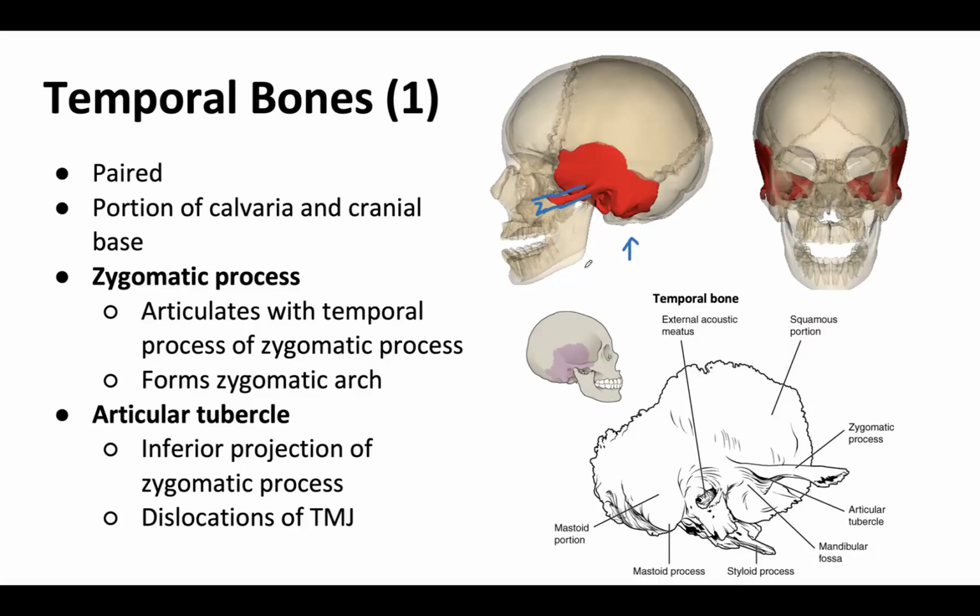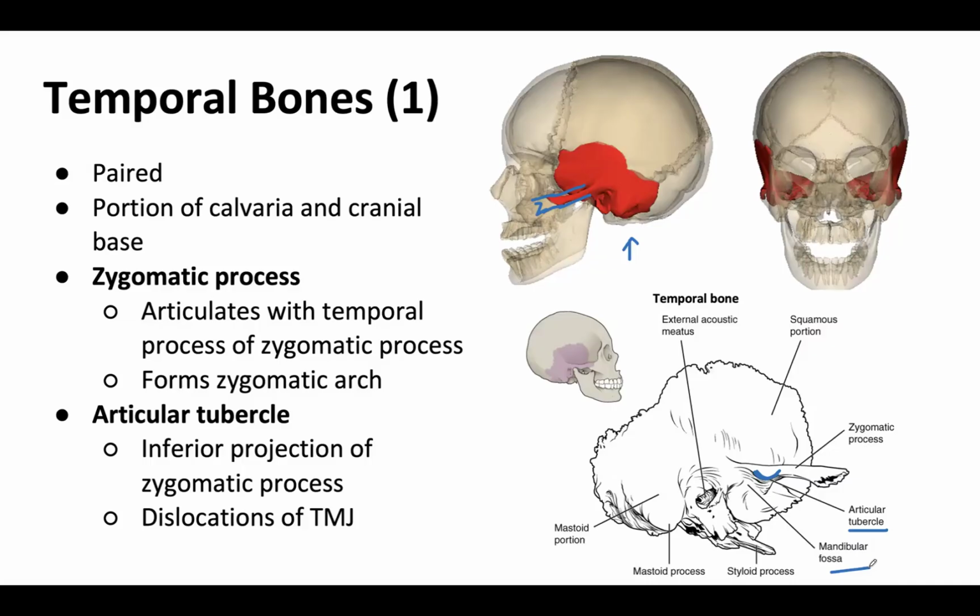On the posterior portion of the zygomatic process, there is an inferior projection that is called the articular tubercle. Some consider this a rounded elevation of the mandibular fossa, and who cares in terms of that description? It's all talking about the same thing. That mandibular fossa is going to be the articular surface for the TMJ.